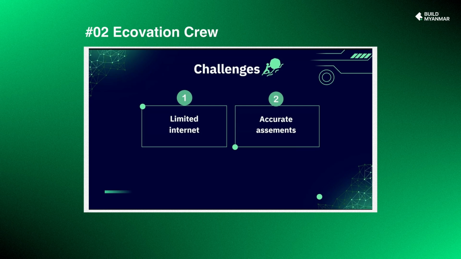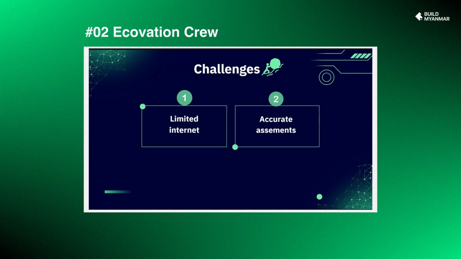Another critical challenge is the need for accurate assessment. Trust and reliability hinge on precision, so we are continuously testing and refining our system to maintain high standards. By overcoming these challenges, we ensure that our AI is a dependable resource for the communities, offering support even when traditional infrastructure may fall short.